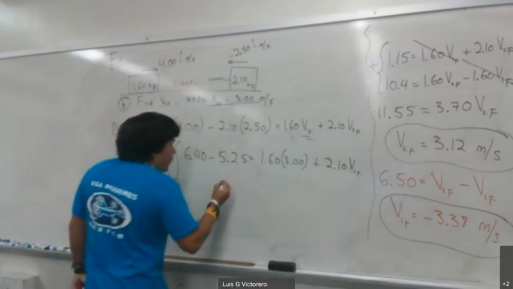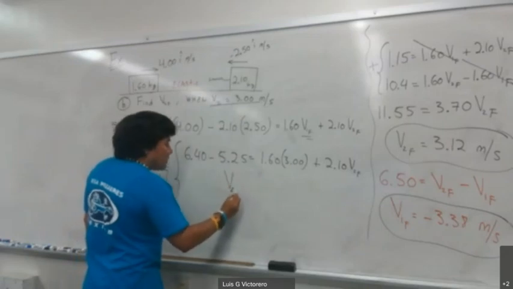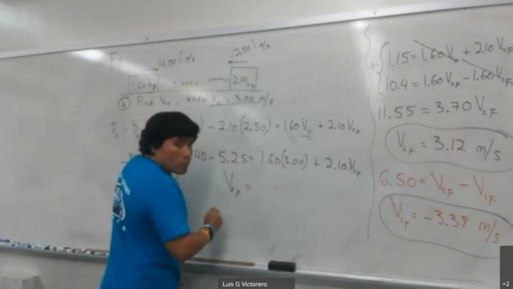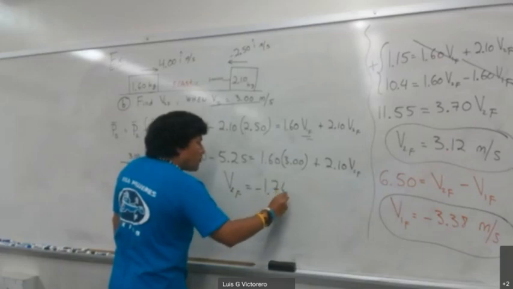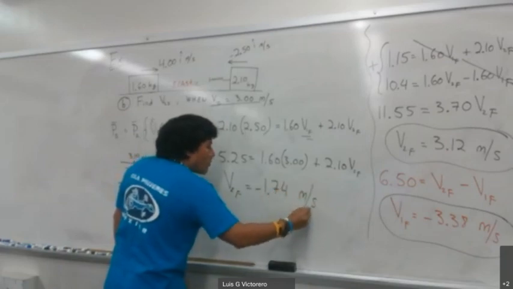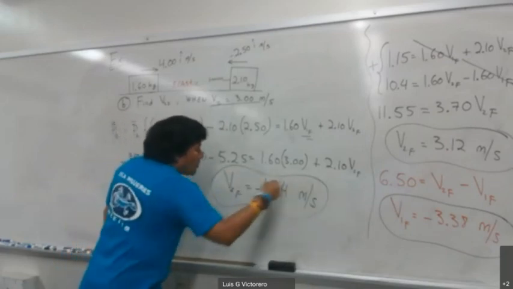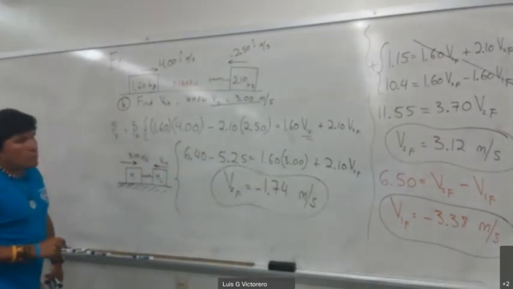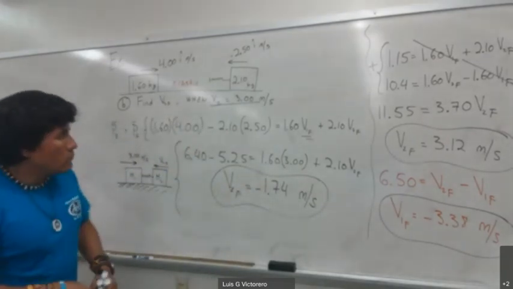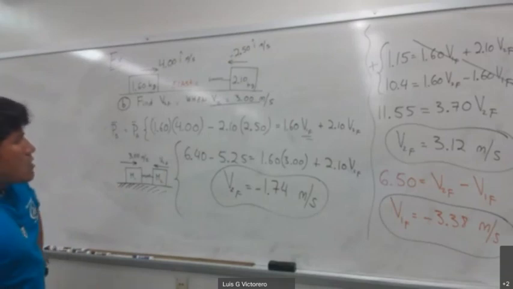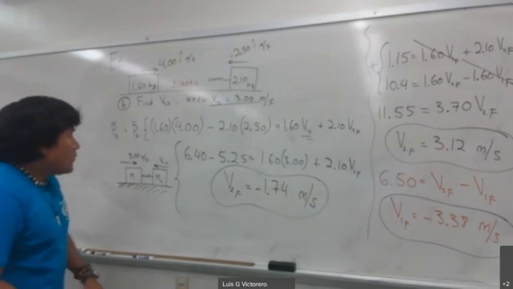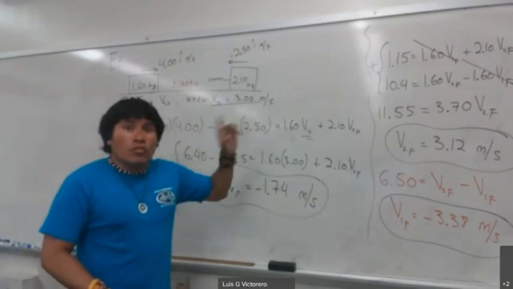Perfect, I get the V2 final. If you do the math, minus 1.74. It makes sense, V2 is going to the left. All right, so that's the easy situation, if I give you 3 velocities.